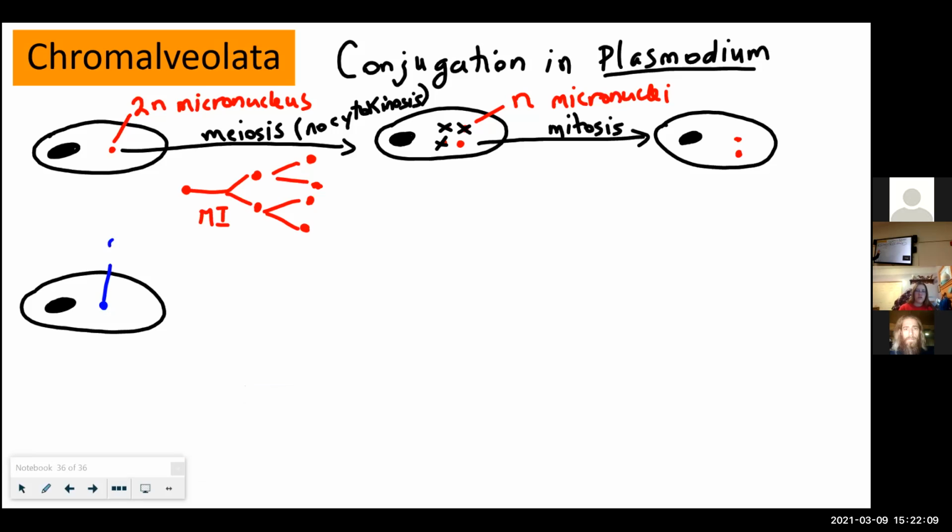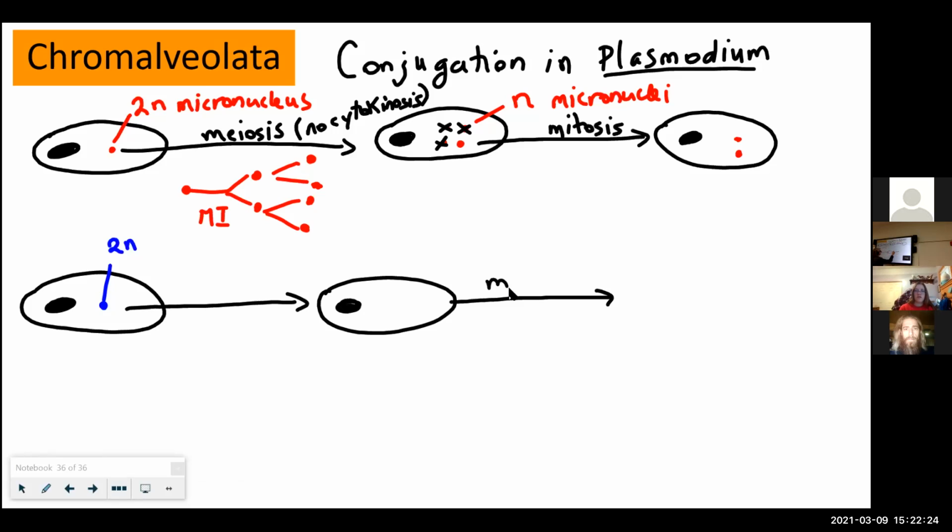So we have this diploid macronucleus, and it undergoes meiosis with no cytokinesis. I'm gonna draw this one up here, because in conjugation, they have to physically be close to each other for this to happen.